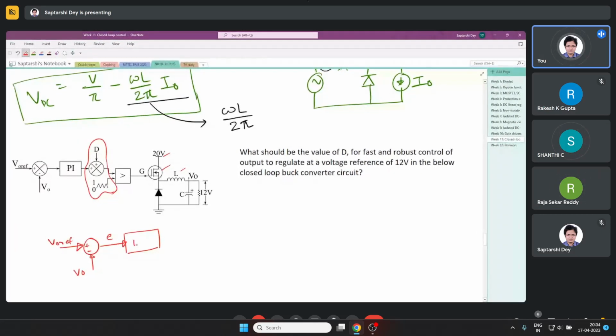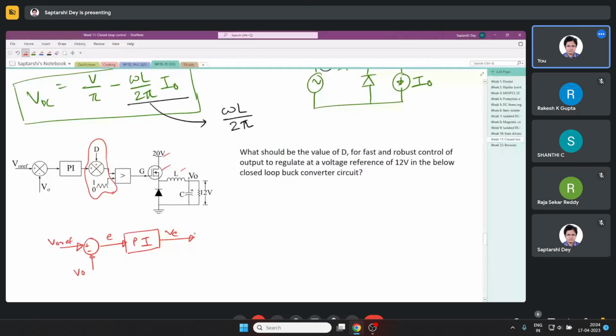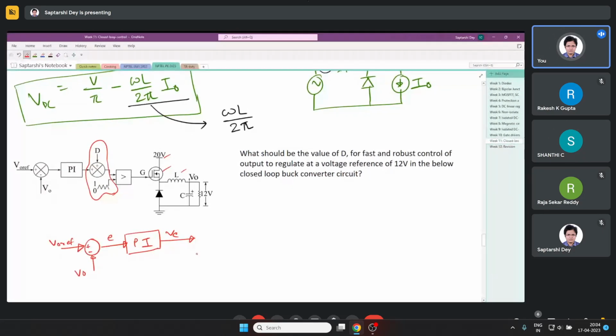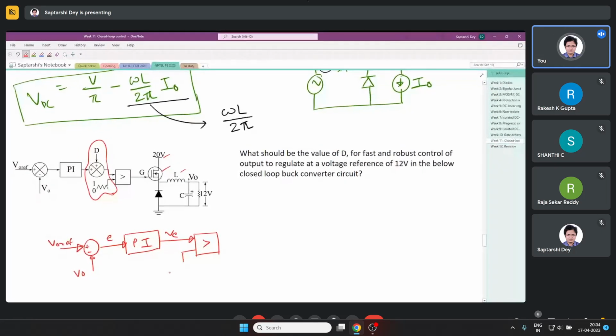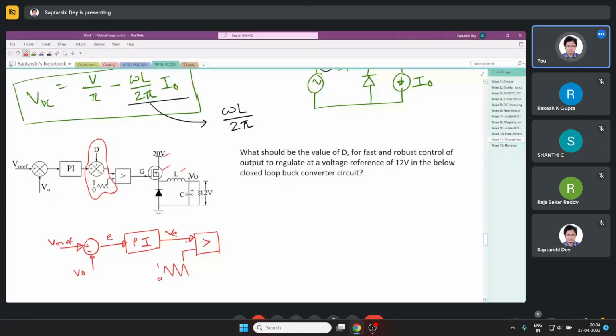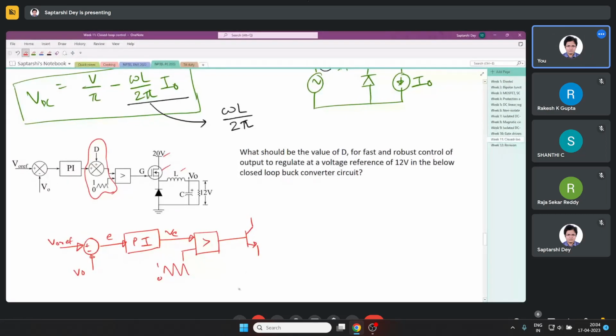So if this is the error, and this is the PI controller, whatever control voltage I am getting, I can directly compare with a sawtooth and give it to the gate of the switch, like this. This is possible. This also gives you a closed loop control of the converter.